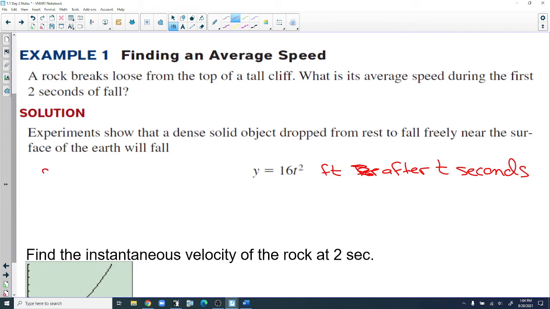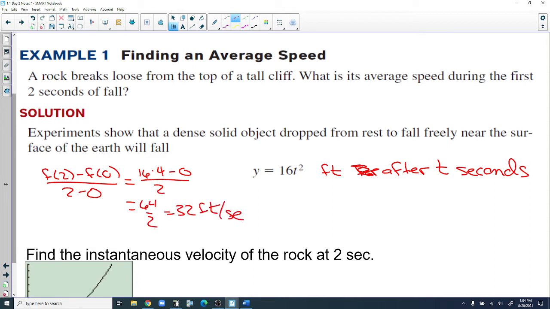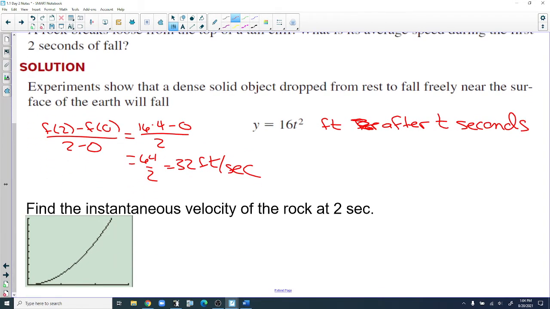We need f of 2 minus f of 0 over 2 minus 0. So that's going to be 16 times 4 minus 0 over 2, which is 64 over 2, which is 32 feet per second.